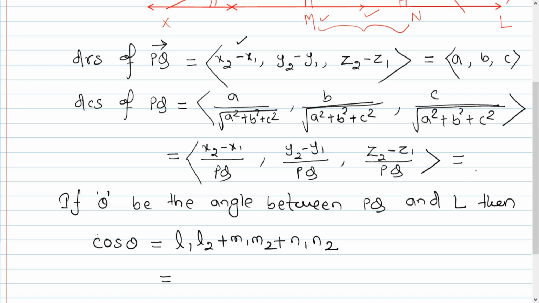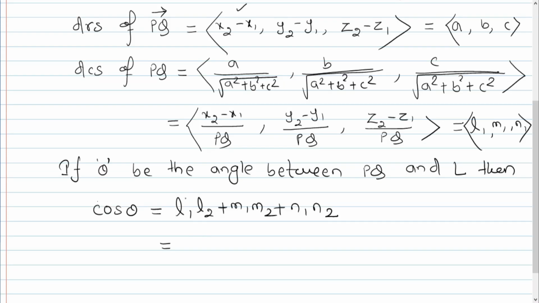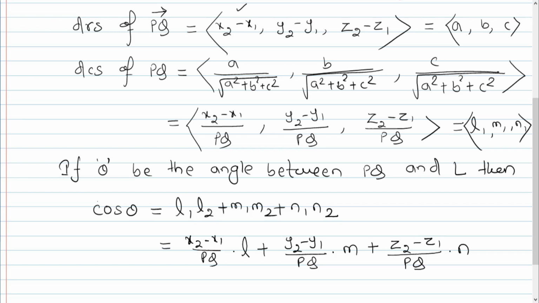Now the DCS of the first line is L1 M1 N1. So L1 is x2 minus x1 by PQ, into L2 which is L, plus M1 which is y2 minus y1 by PQ into M, plus z2 minus z1 by PQ into N.